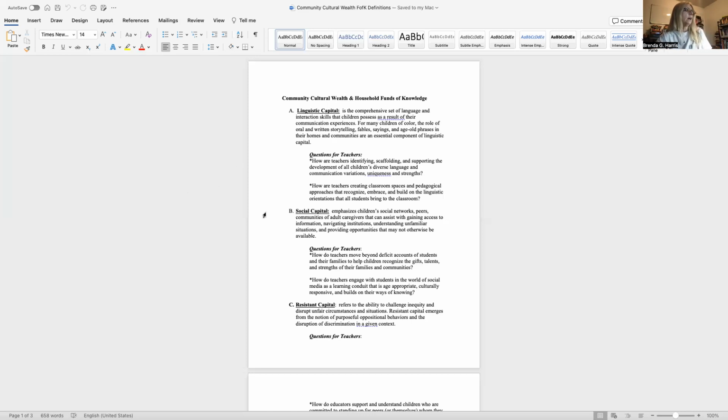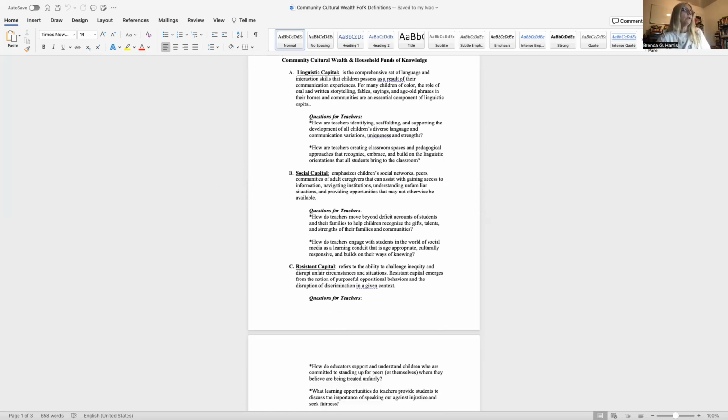Social capital, that's another thing that we're looking for. It emphasizes children's social networks, peers, and communities of adult caregivers that can assist with gaining access to information, navigating institutions, and understanding unfamiliar situations. That is very much something that happens.